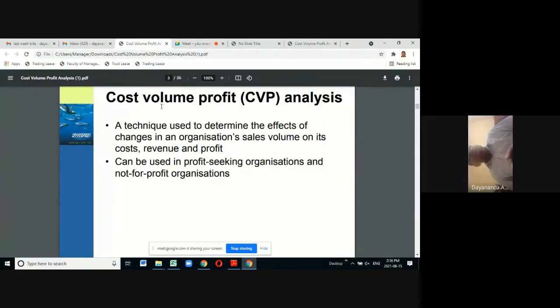Okay, first, cost, volume, profit analysis is a technique used to determine the effect of changes in an organization's sales volume on its cost, revenue, and profit. This is much more important when you are going to evaluate a project.